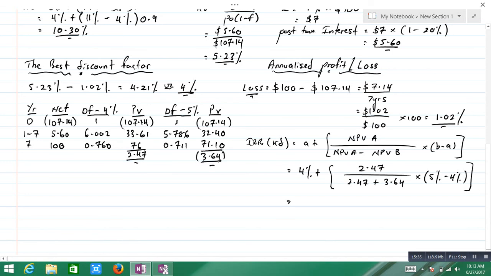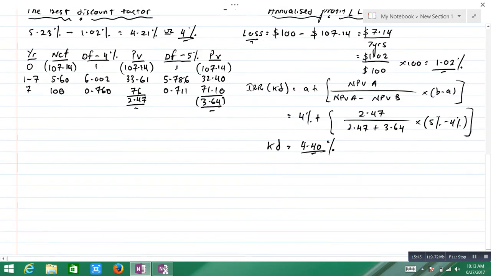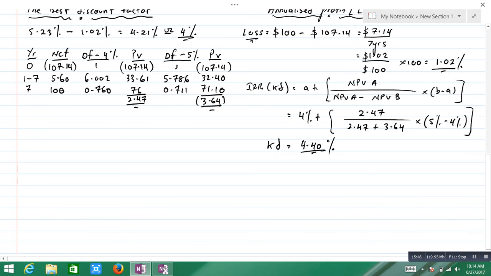Next, let's move on to calculate the market value. We need a market value to calculate WACC. Let's start with the equity first. Equity, which is your ordinary shares. Now we already have our market price and we already have our number of what? Shares.